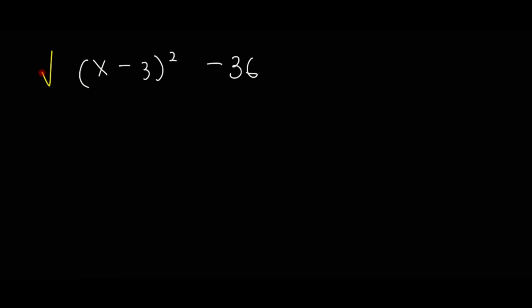Ge o ka square x minus 3 squared o shala fela ka x minus 3. So e rela gore this is a perfect square. And then ge o ka square 36 yo fa 6. So e rela gore even this one is a perfect square. So from there e rela gore ro bala di bracket.